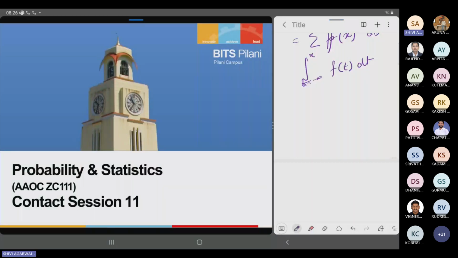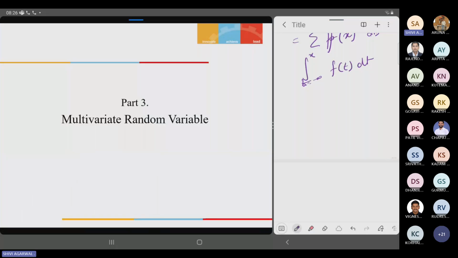Welcome to session 11, where we were doing the joint distribution. We have done the bivariate discrete case and the bivariate continuous case. Now we are extending that to multivariate random variables, meaning an n-dimensional variable.